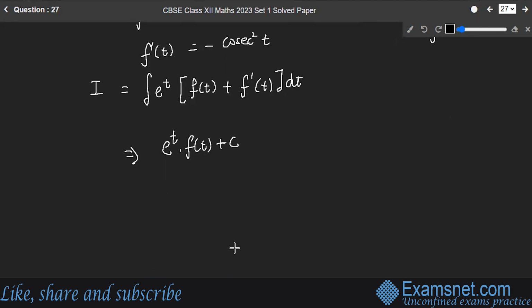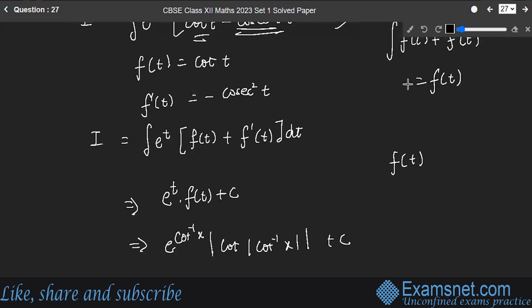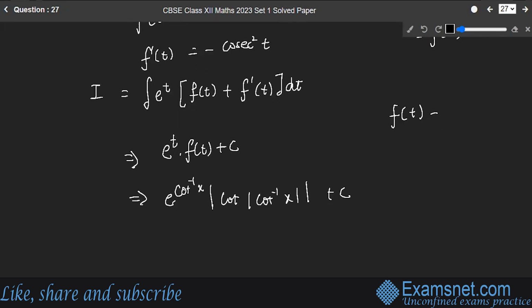Now let's fill in the value. You have e raised to power t as e raised to power cot inverse x, and f(t) was equal to cot t. This gives you cot of cot inverse x plus c, right? See, f(t) was equal to cot t, and t was equal to cot inverse x.